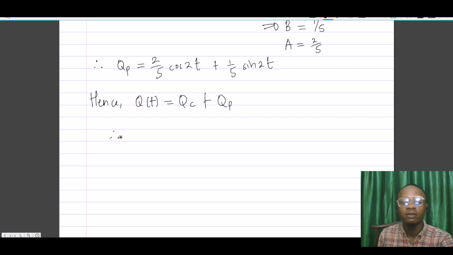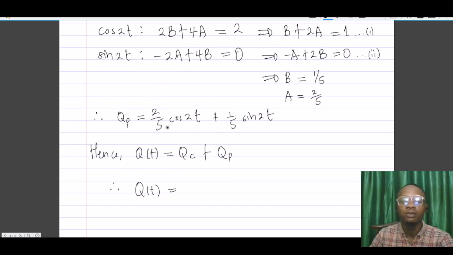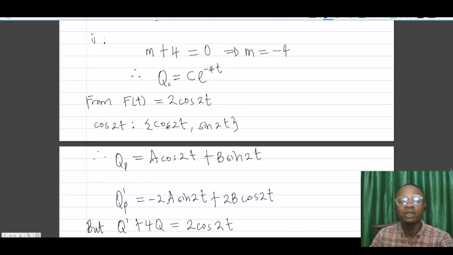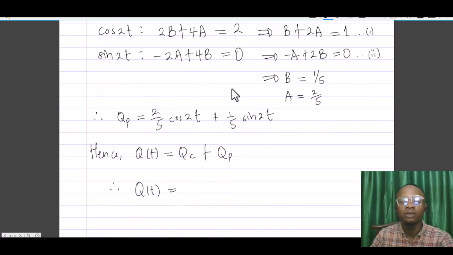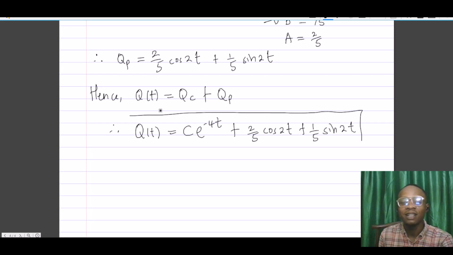So q as a function of time will be equal to c exponential minus 4t, then plus the q particular, that is plus 2 over 5 cos 2t plus 1 over 5 sine 2t, and that is the final solution.